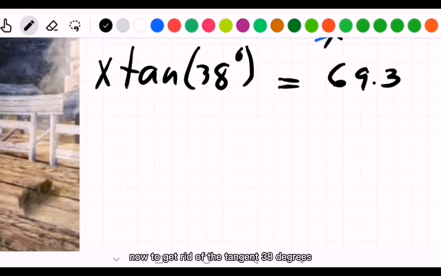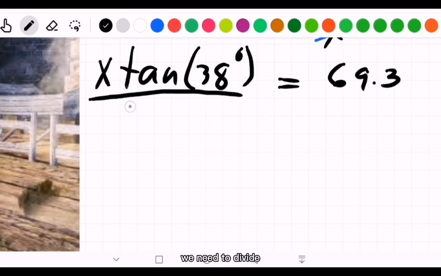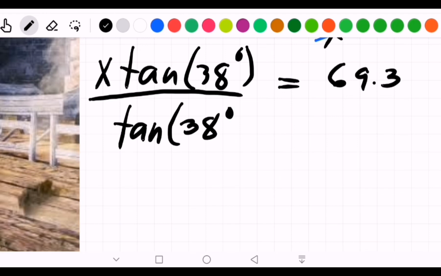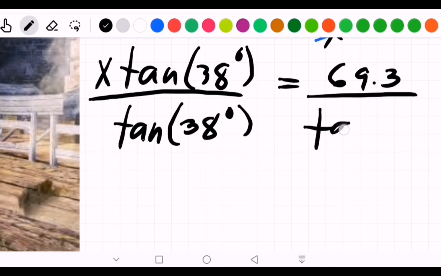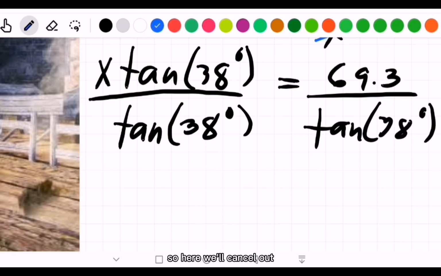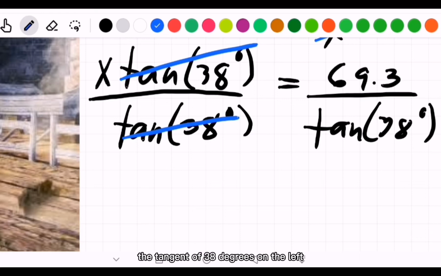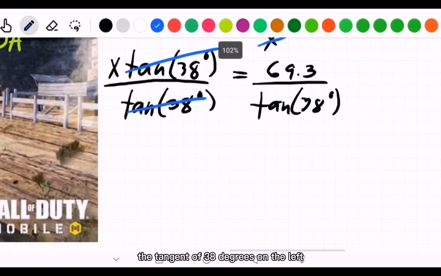Now to get rid of the tangent 38 degrees on the left side, we need to divide tangent of 38 degrees on both sides of the equation. So here we'll cancel out the tangent of 38 degrees on the left.